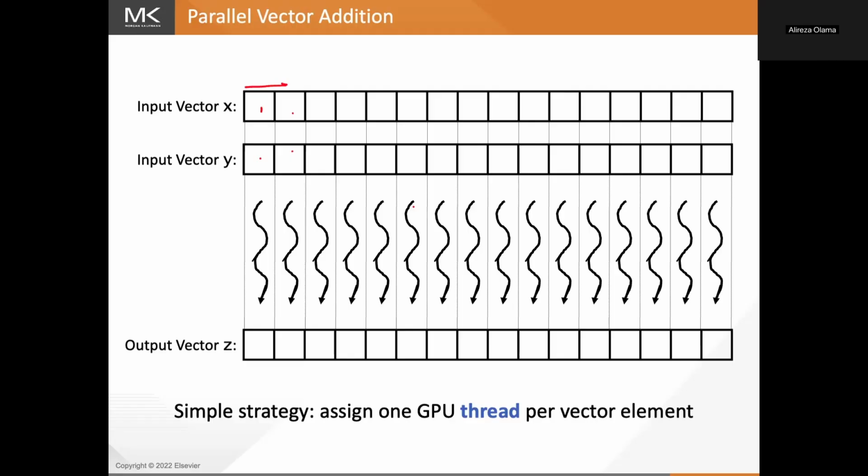So that's why you can assume that you can use one thread per data point even for large data sets, right? Okay, so in this case, we can assign a thread to each element of this array.